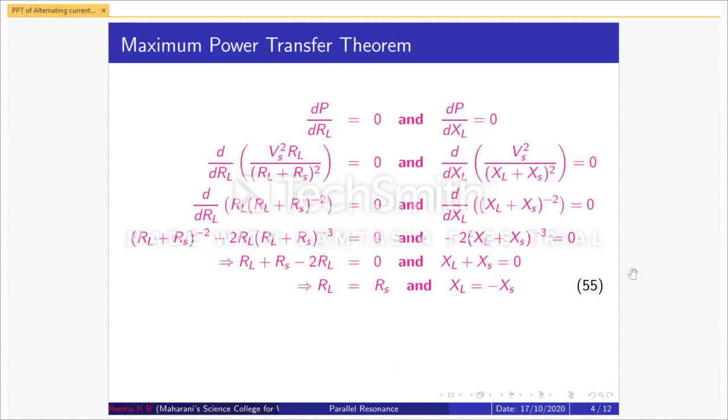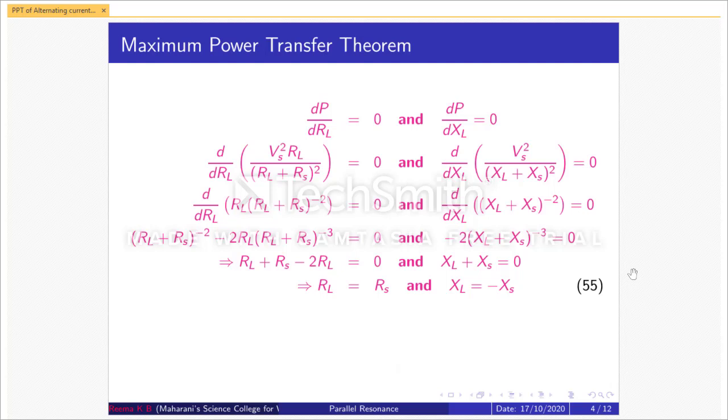Therefore, d/dRL of RL (RL + Rs)^-2 is equal to 0, and d/dXL of (XL + Xs)^-2 is equal to 0. This implies RL + Rs - 2RL = 0 and XL + Xs = 0.